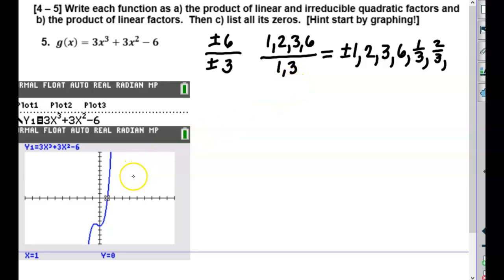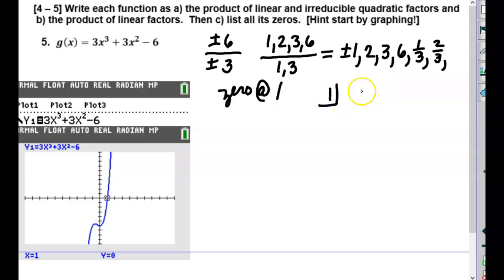If you graph it, I'm not going to make you do it. It comes out at 1. Everybody see that it has only one real zero, at 1? So what are we going to do next? Some division. I put a 1.